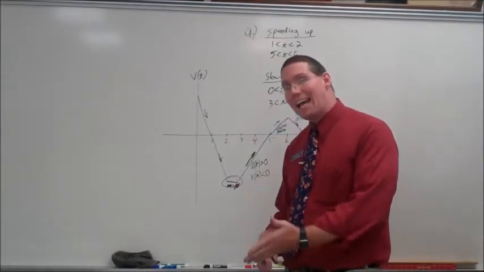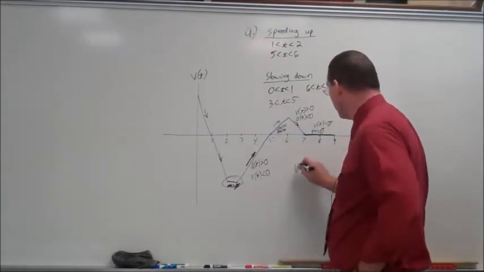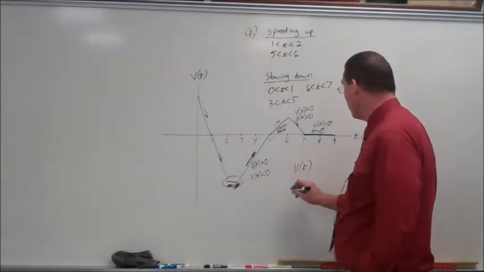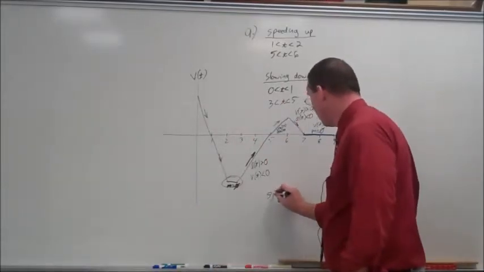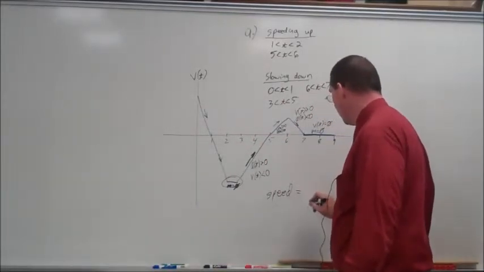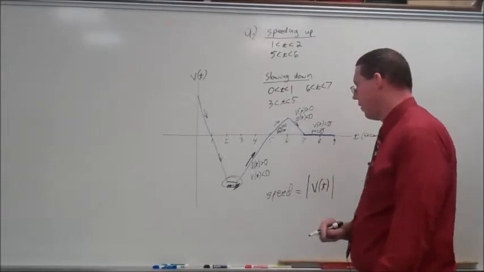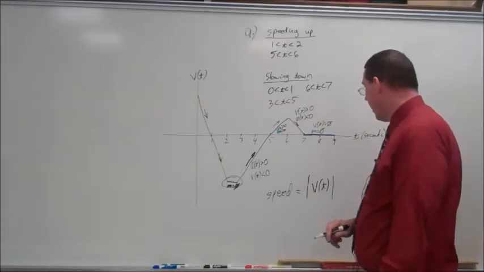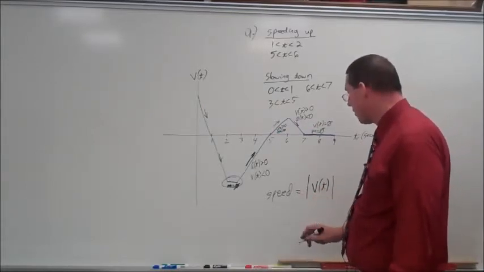Speed is the magnitude of velocity. Basically, speed is the absolute value of velocity. And so we can ignore the sign, meaning whether it's positive or negative.